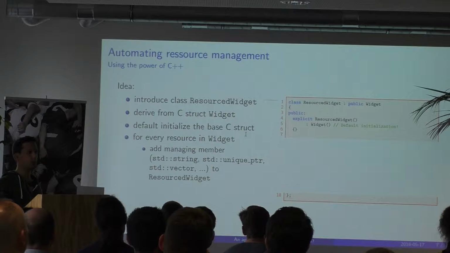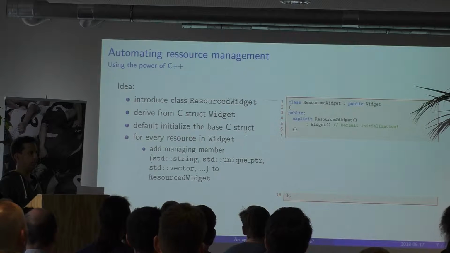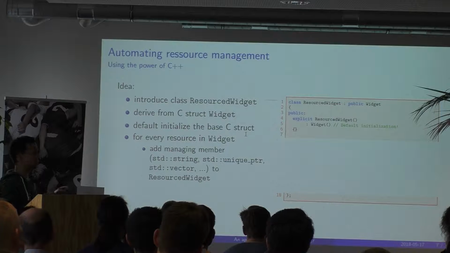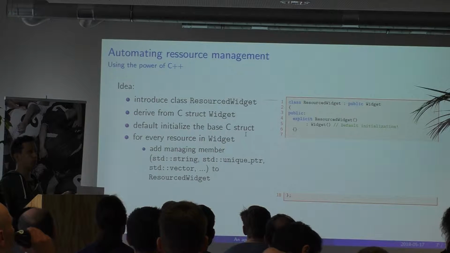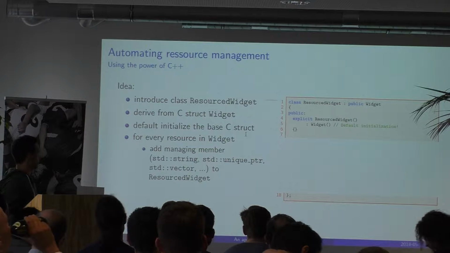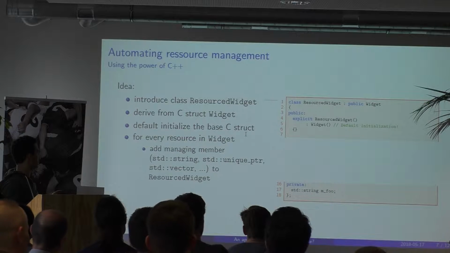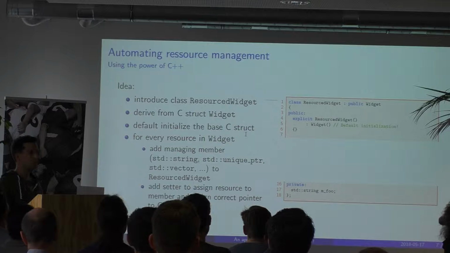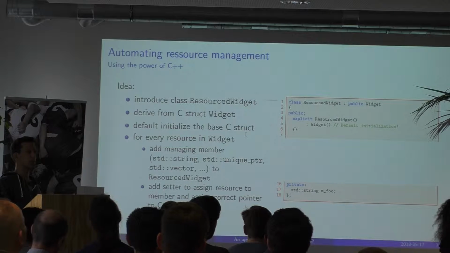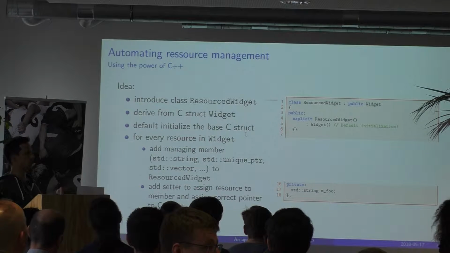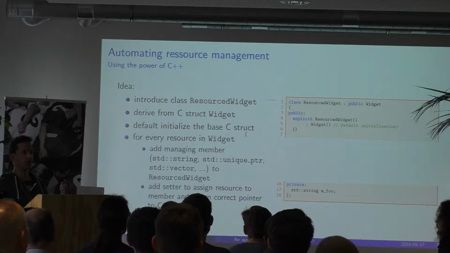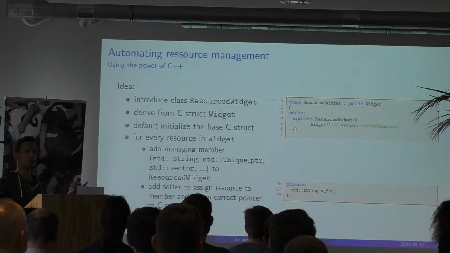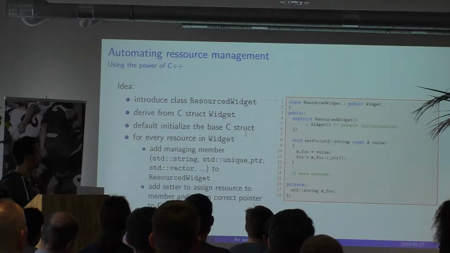For every member that is in this C struct, we add a member to our C++ struct, the resource widget, which manages our resources. For example, in this case, it's a string. And we add a setter. With this setter, we can assign a string. The string is assigned to the string member, and then the pointer to the string is assigned to the C struct, like this.